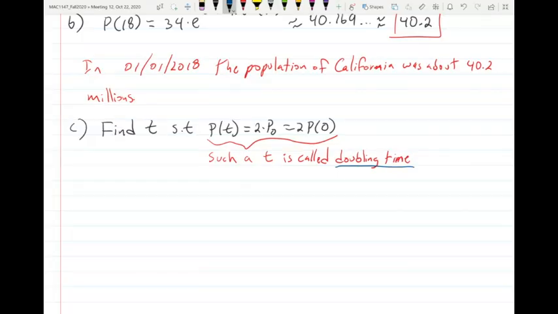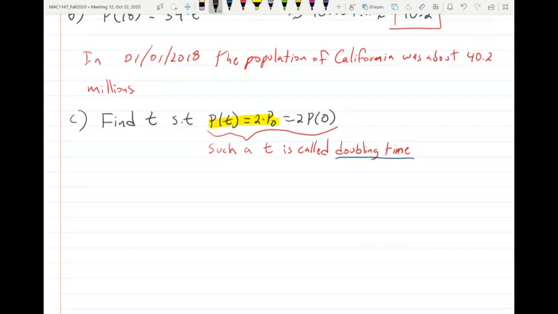All right. Having said this, let's go ahead and find it. It's clear what the condition is. We want to solve this equation, P of T equals 2 times P0. So when is it that the population will be twice the original amount?